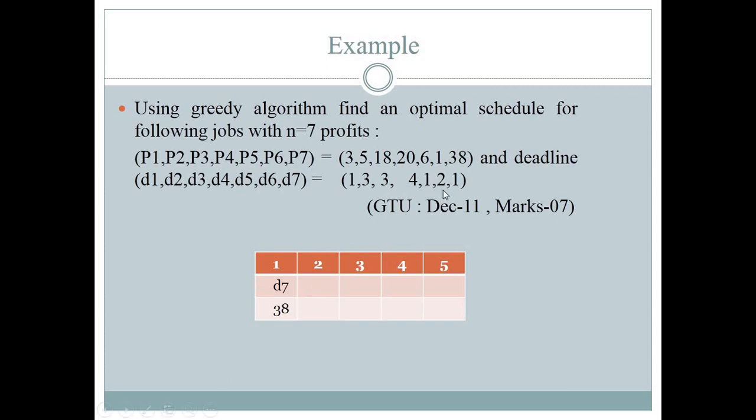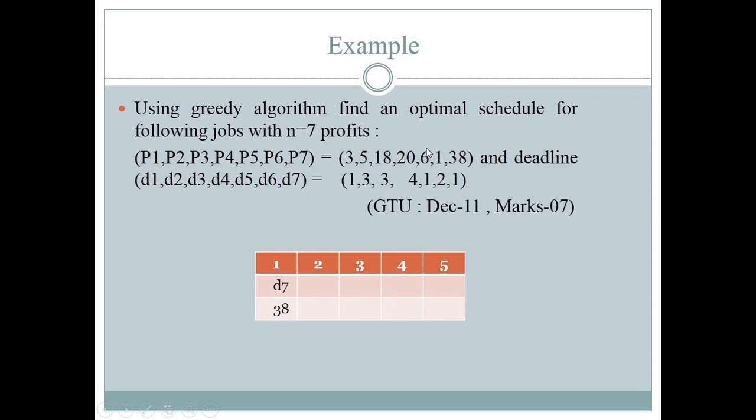If we select this D6, the job with deadline number 2, it will give us a profit of 1. If we select this deadline 3 job, it will give us a profit of 5. If we select this deadline 3, it will give us a profit of 18. And if we select this deadline 4 job, it will give us a profit of 20.